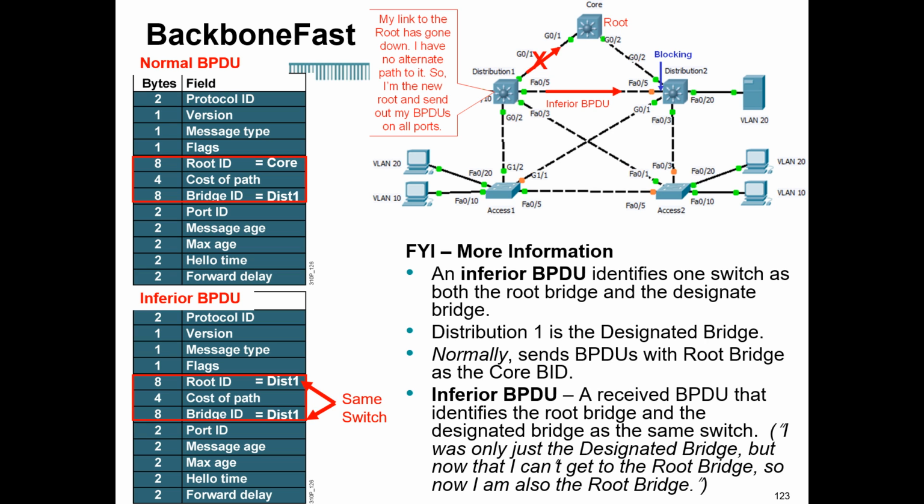It will normally send the BPDU with the root bridge as the core bridge ID. However, with the inferior BPDU, a received BPDU identifies the root bridge and the designated bridge as the same switch. I was only the designated bridge, but normally I can't get to the root bridge, so now I'm the root bridge as well. That is essentially what's happening.